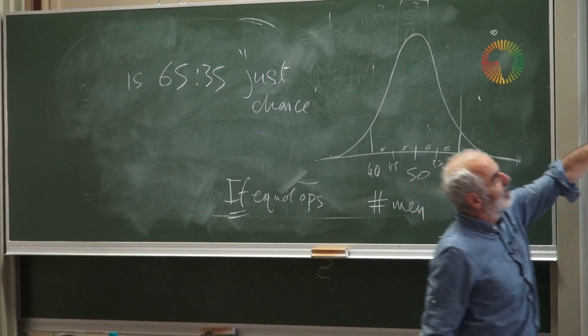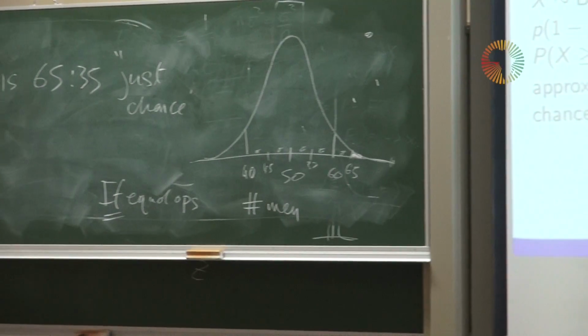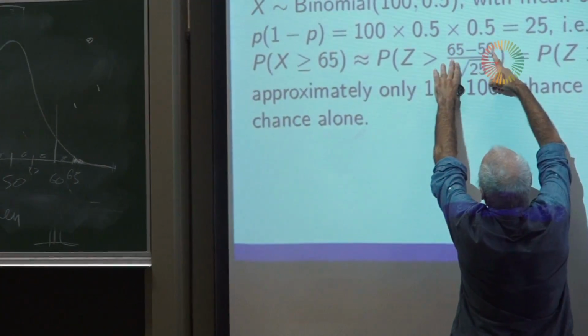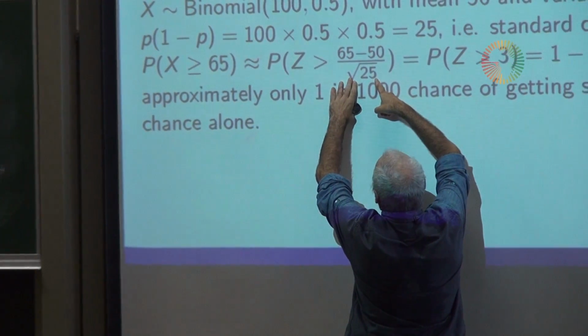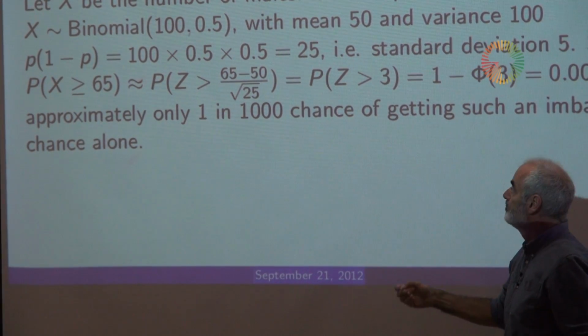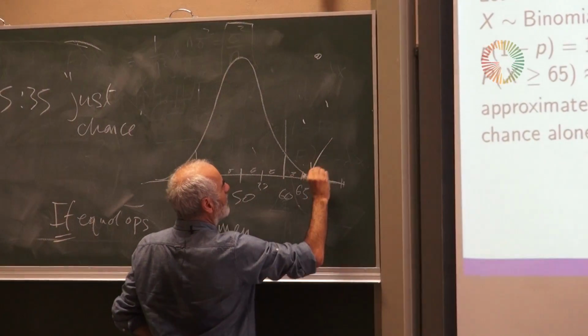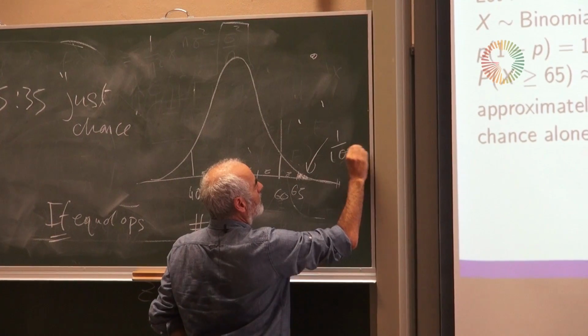And so what we want is the probability. This is the calculation. You do the x minus mu divided by the square root of the variance, probably z greater than 3. We look that up in our tables. That area turns out to be about 1 in 1,000.